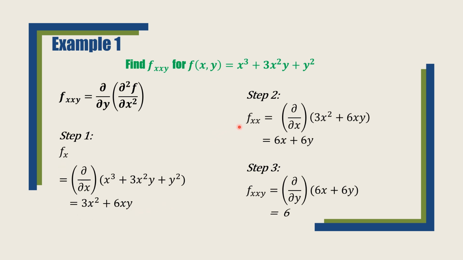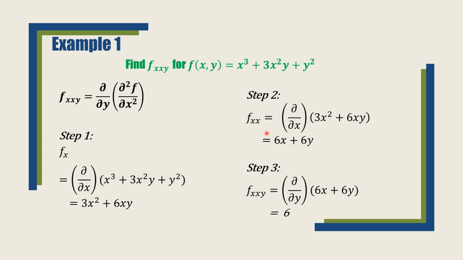So next, in step 2, we have to derive f in terms of x and x, the second x. Again, we substitute the partial derivative with respect to x because we are deriving x. The given now, from step 1, is 3x squared plus 6xy. Again, we derive those terms that have x and the rest will remain constant.